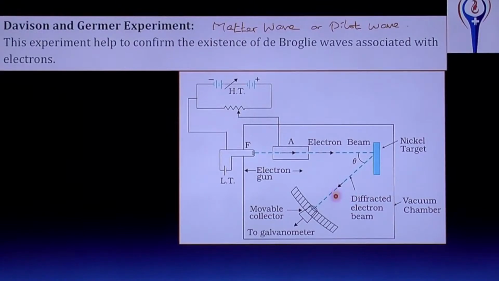Diffraction is the experiment which proves wave nature. As diffraction patterns are observed, we can say it is a wave. The electron, which we said is a particle, moves in the form of a wave. So the electron acting with wave nature is called the de Broglie wave or matter wave or pilot wave.